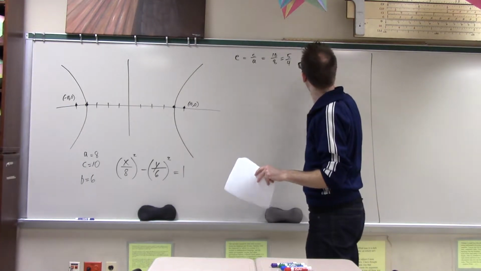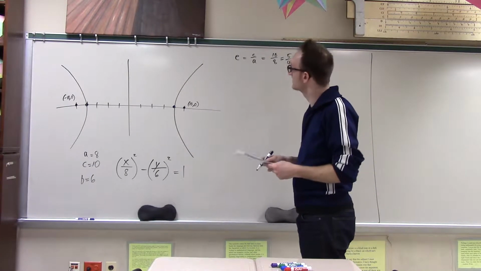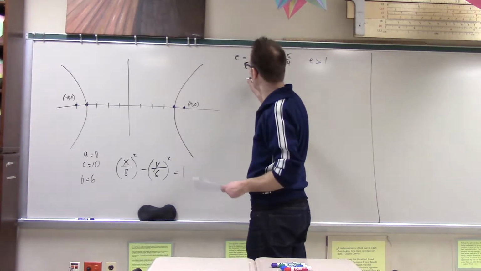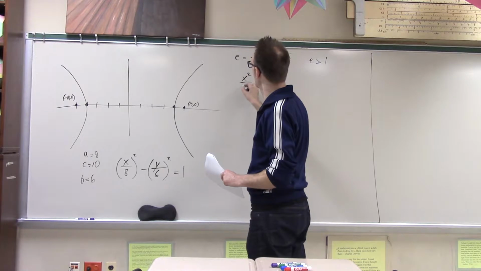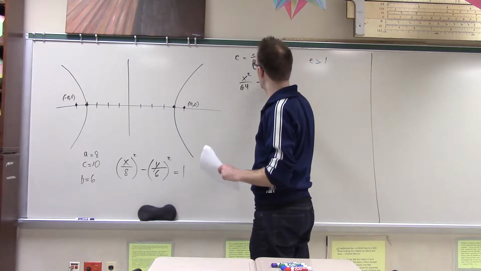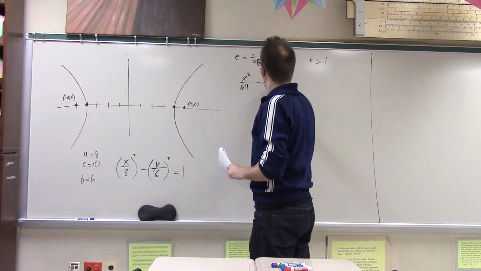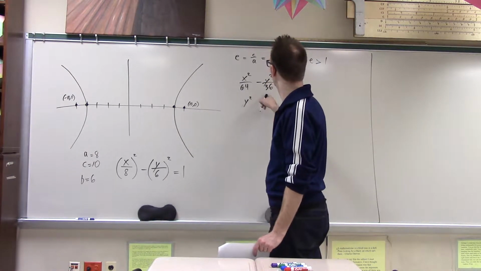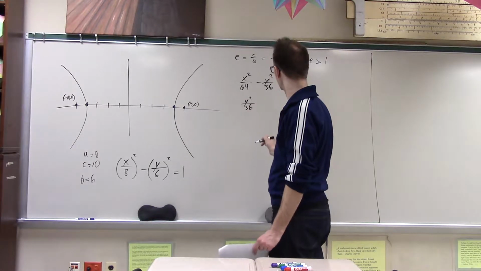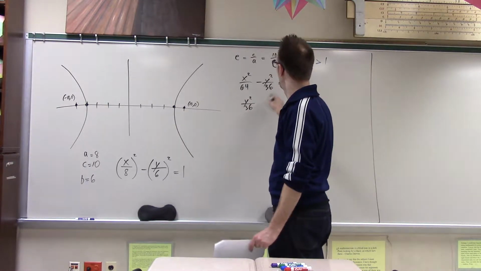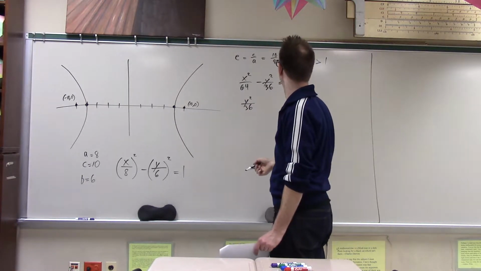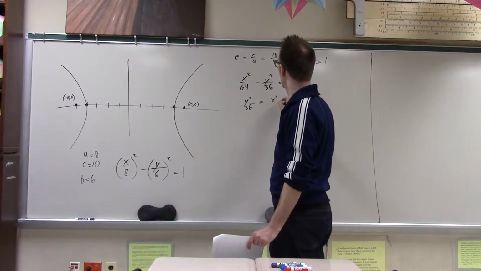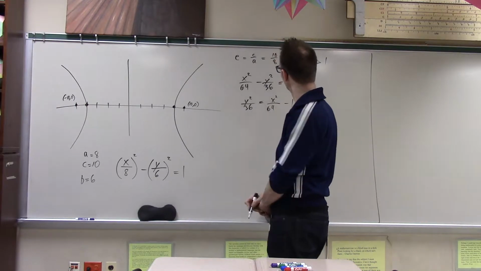Cool. What else? Oh, also a hyperbola has asymptotes. Maybe I'll go through what we learned again. If you take this hyperbola and try to solve for y, you get y squared over 36 is x squared over 64 minus 1.